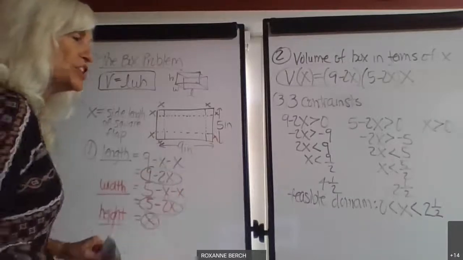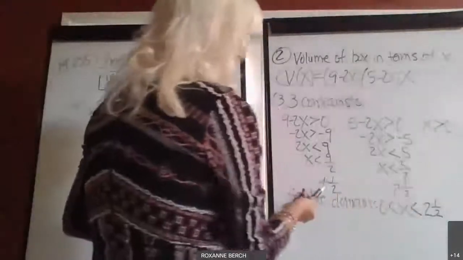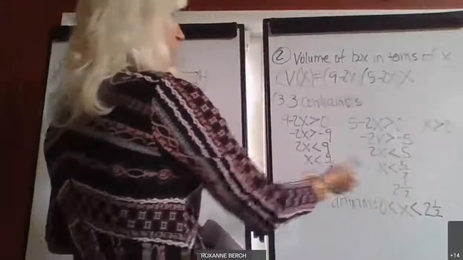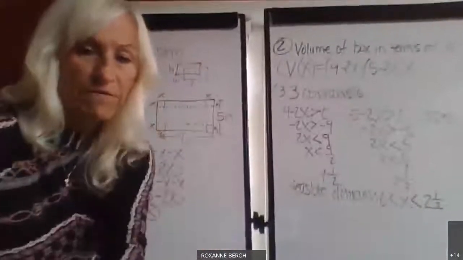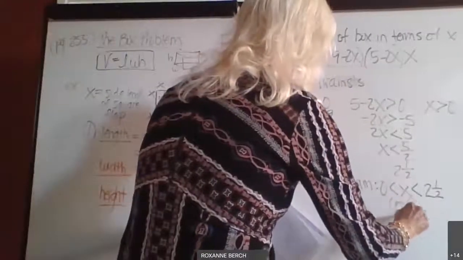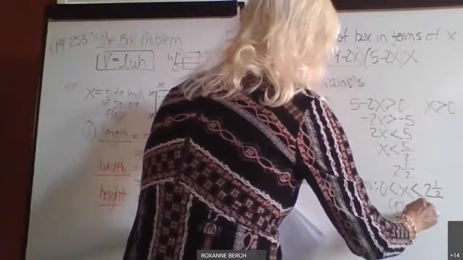So the feasible region is based on this: this guy will fit in the 2.5, but the 2.5 won't fit in the 4.5. So the feasible domain in interval notation is 0 to 5/2.